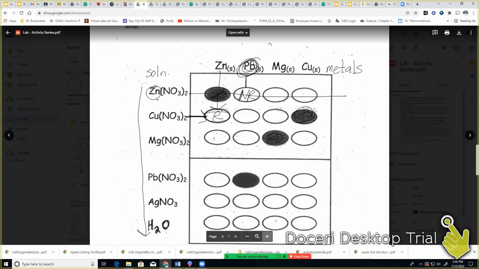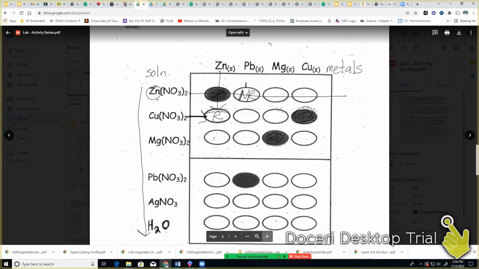So on this prediction sheet, in each of the little circles, it's either going to be an R or an NR. You're going to predict what you think should happen. And then tomorrow, we'll actually carry them out and you'll see if it matches up with what you predicted. So you've got about 10 minutes to work on this and then you won't even have to worry about that when you get home.